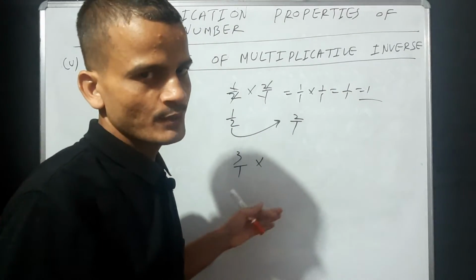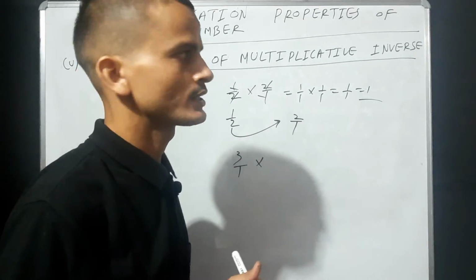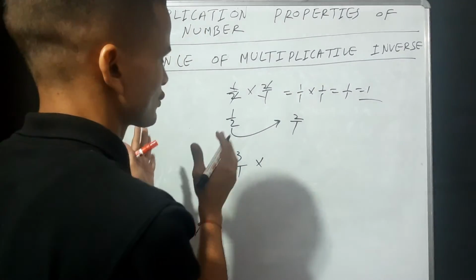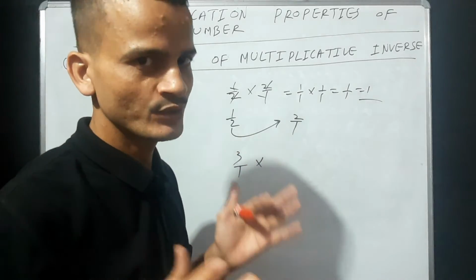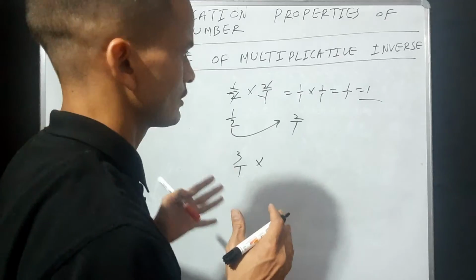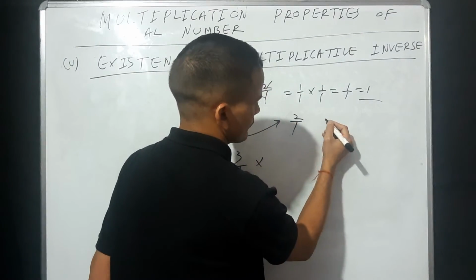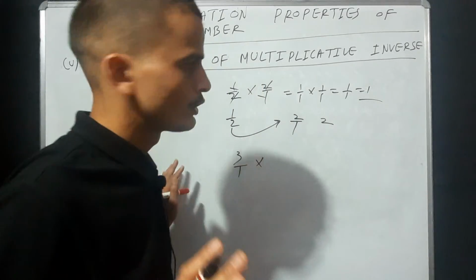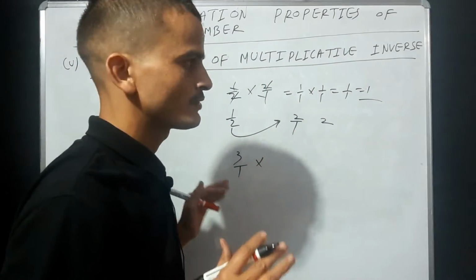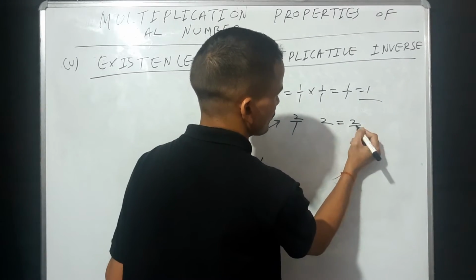I will explain what the reciprocal of a number is, so you can better understand the existence of the multiplicative inverse property. Take 2. We can also write this number in p by q form, as 2 by 1.